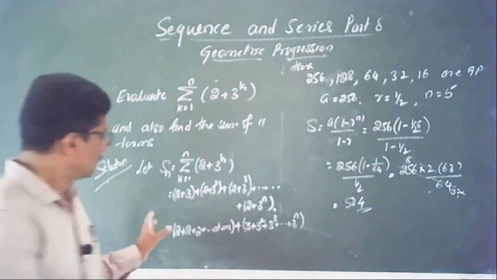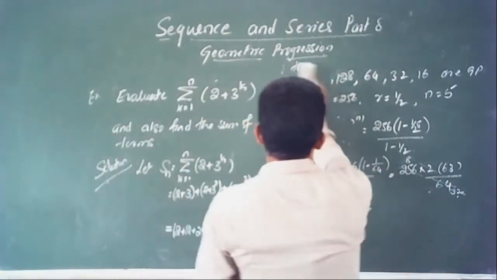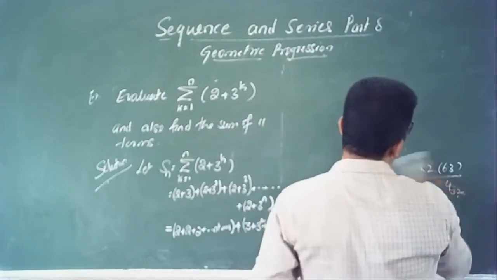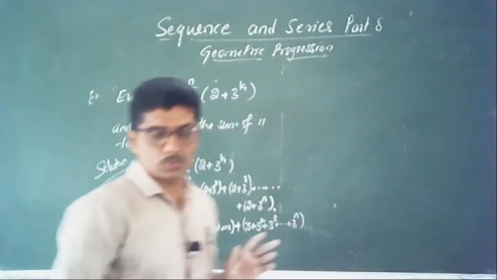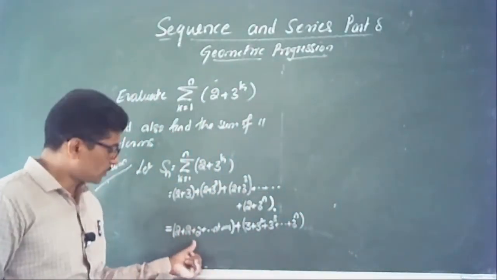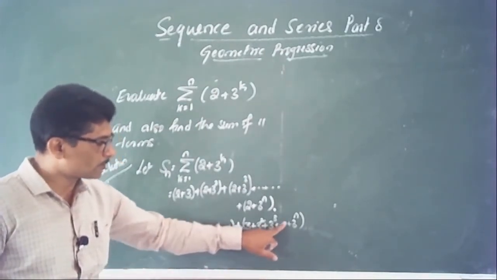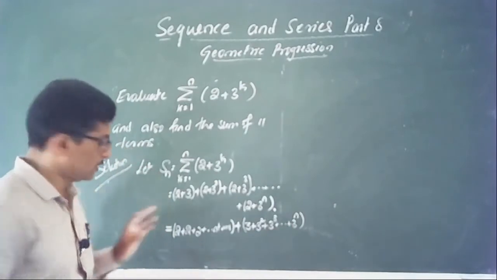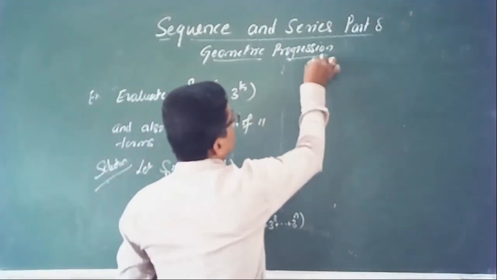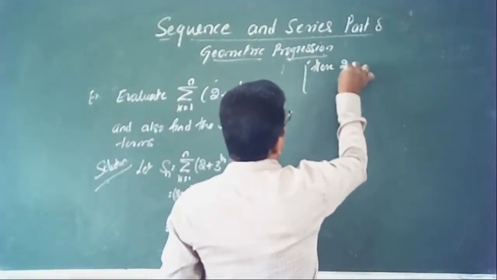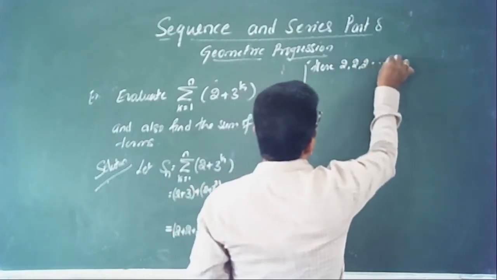It means the given sequence or series is the sum of two series: 2 plus 2 plus 2 plus 2 up to n times, and 3 plus 3 square plus 3 cube plus up to 3 raised to n. Here remember, 2, 2, 2, these are in GP.